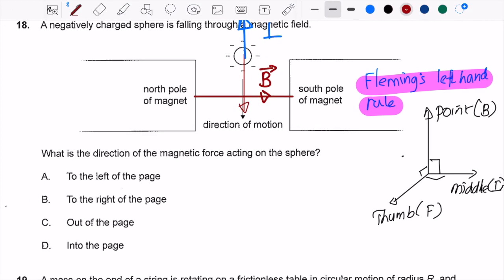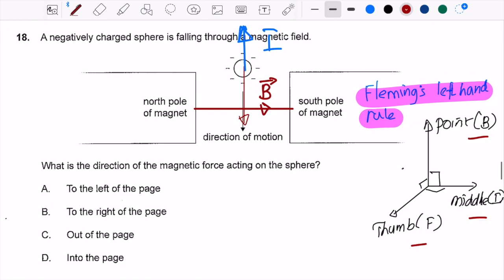If you use your left hand, keeping the first finger, middle finger and thumb perpendicular to each other, here we have the current upwards and magnetic field to the right. If you do this right, using magnetic field, current, the force on this object should be into the page. So answer should be D.